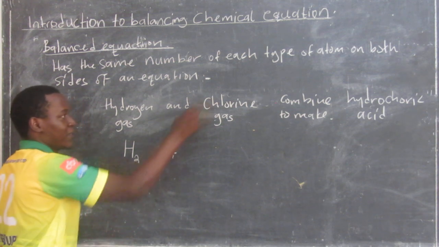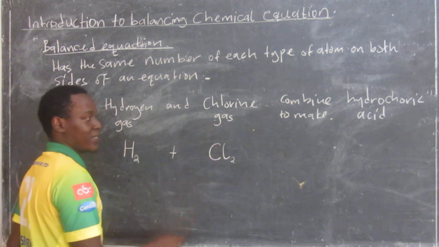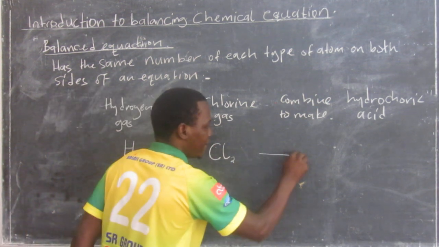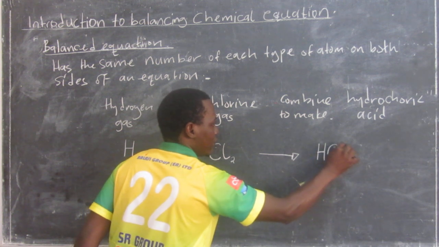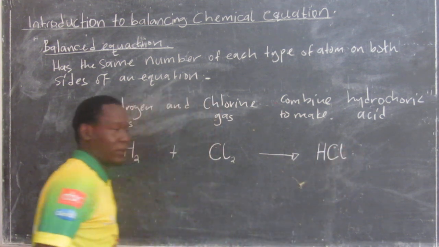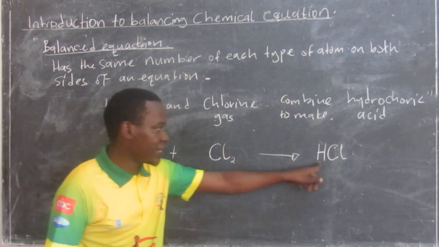Plus chlorine, which is Cl; because it is a gas, it is Cl2. They combine to give me HCl. In this case, hydrogen plus chlorine gives me HCl.